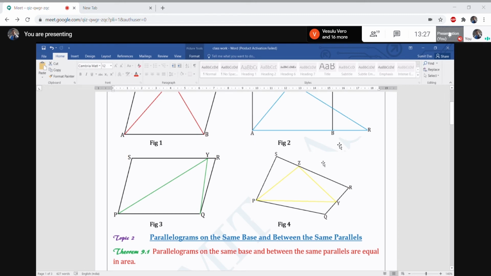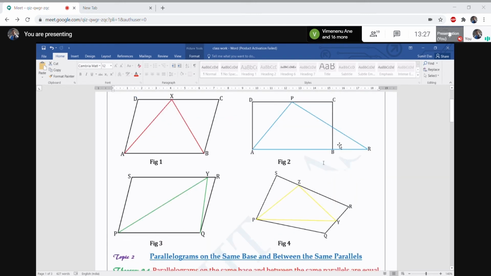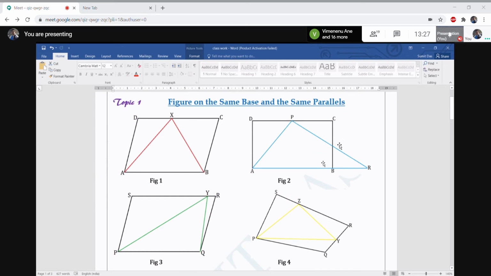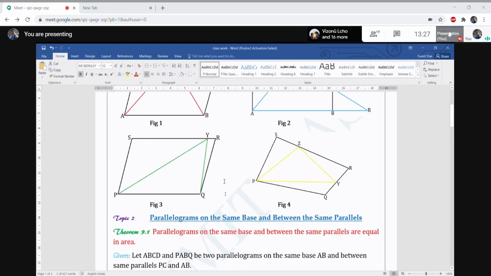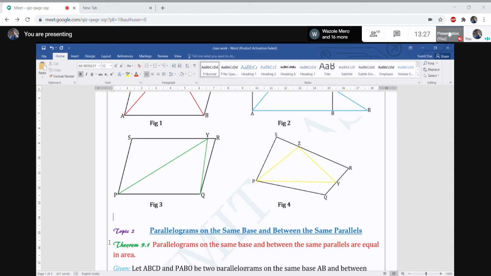I just want to give you a small task based on this. The task is in exercise 9.1, just homework.